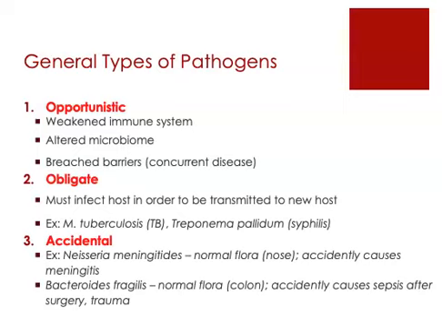In other words, there are natural barriers that prevent a pathogen inside the body from going on to cause disease. A lot of times these barriers become broken when the host is suffering from another disease. That allows that pathogen, which might otherwise have just sat in the body and not caused any harm, to go on and cause disease.